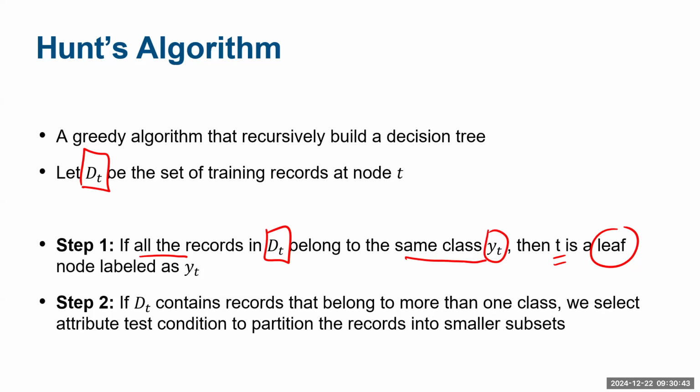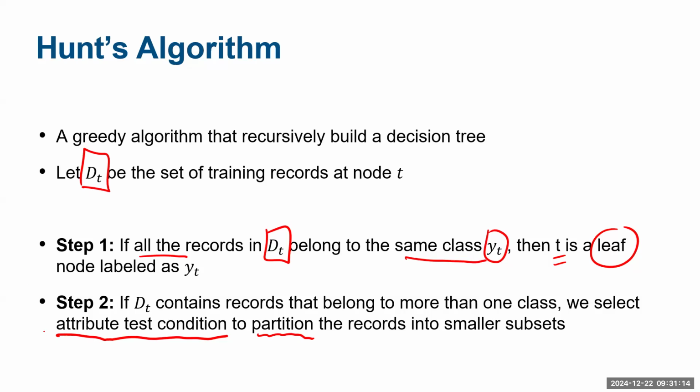But if it's not, what would you do? When the answer is not so clear, it means that in Dt you have both classes or many classes, and you are not sure which one should be the answer. It means that you should split more. So we have to select an attribute test condition and partition the records into smaller subsets.